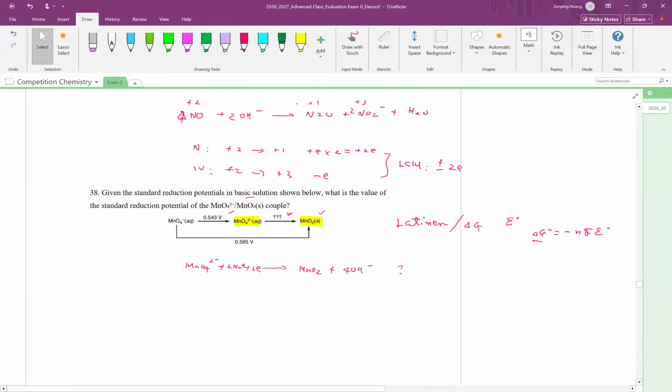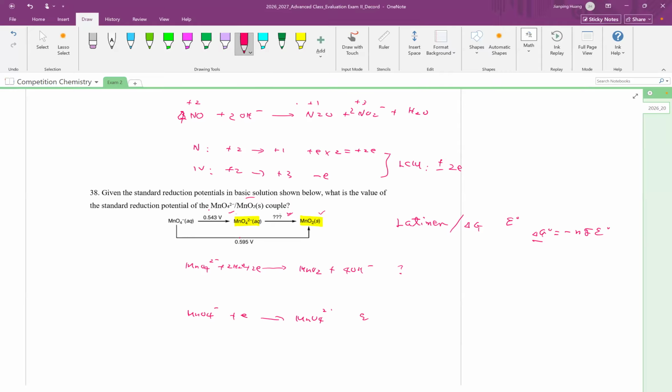Now in order to find this one, we have this one and this one, right? So which one am I going to write first? I'm going to write this one first. MnO4 minus to MnO4 2 minus, which means you gain 1 electron.